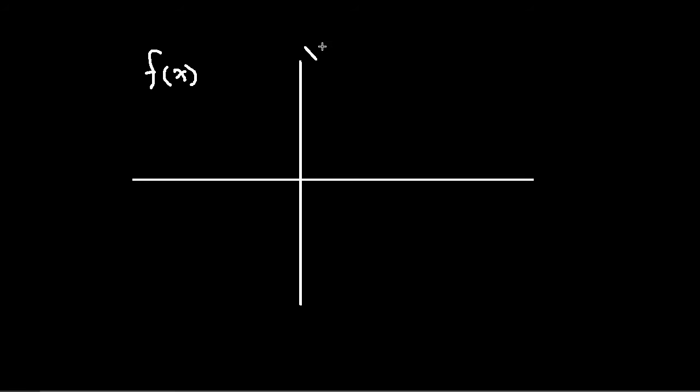Here's the y-axis, here's the x-axis. So if the function is symmetric this way across this axis here, then we say the function is even.